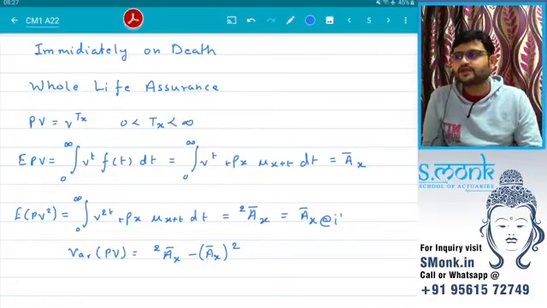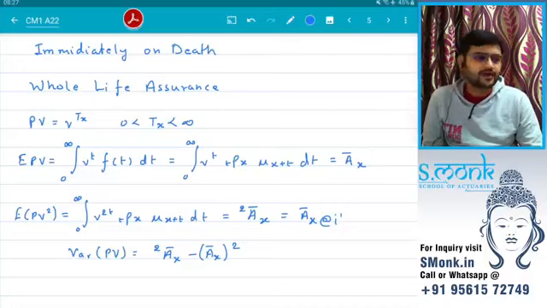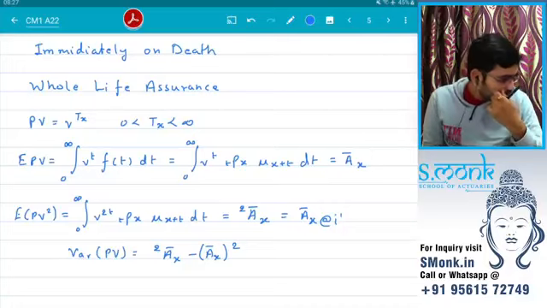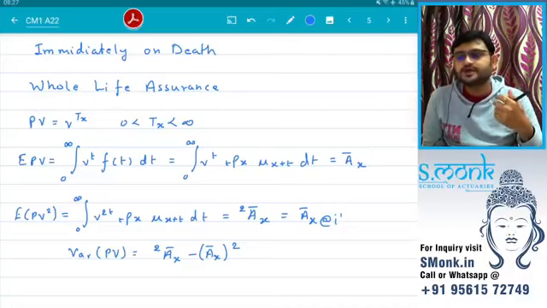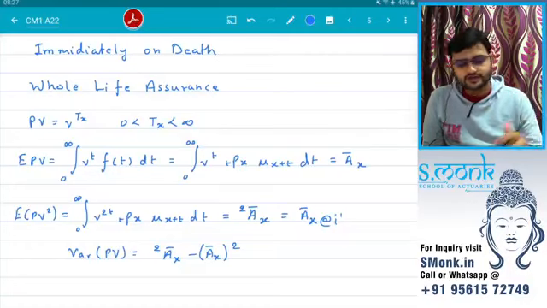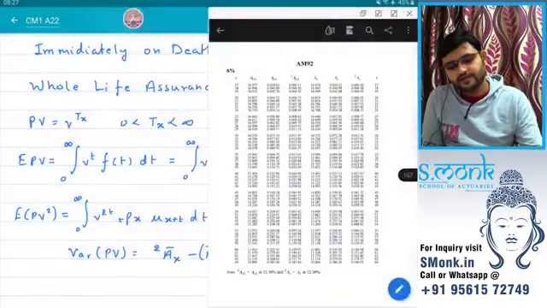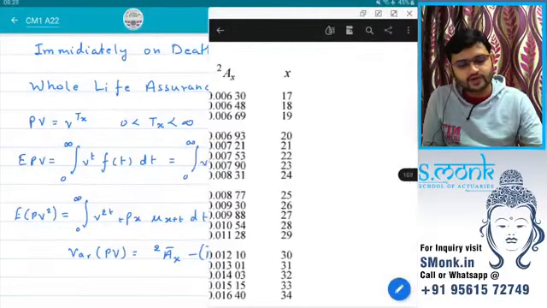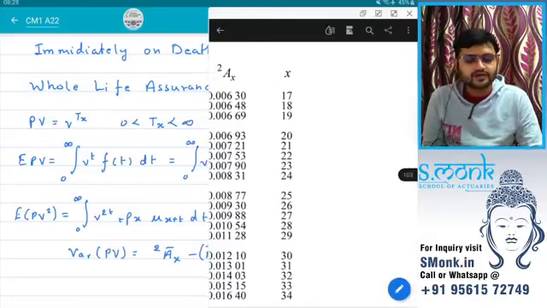Now, unfortunately, we do not have any tables for A bar x, right? We do not have a value because in real life, we will be collecting values of every year. Whenever tables are given, we have taken into account 1 year at a time. We have not taken any values in between.